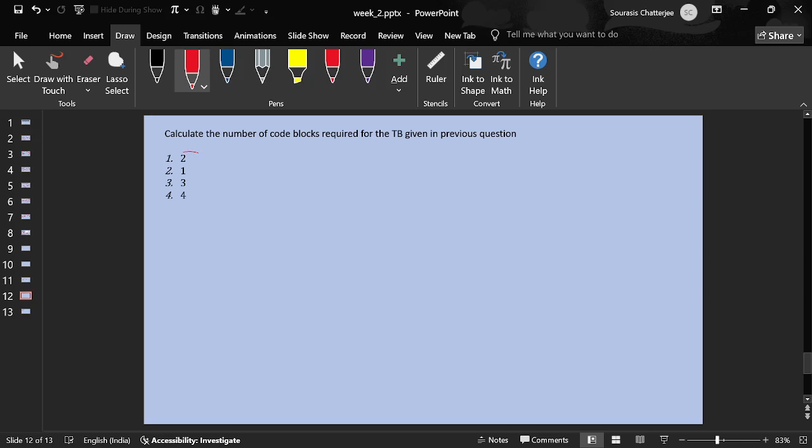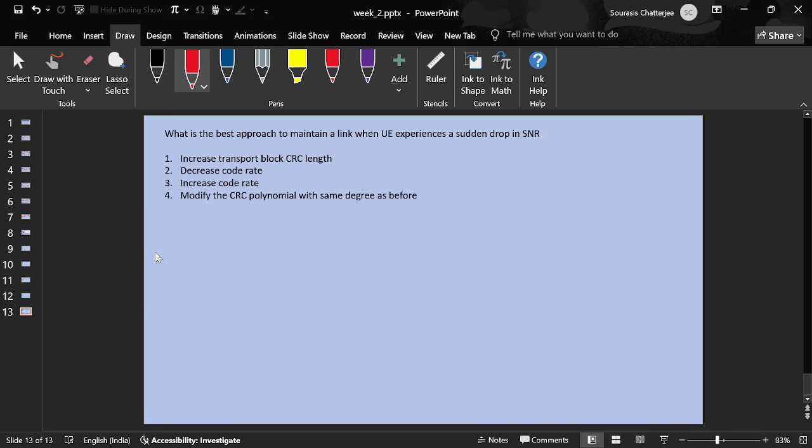The question continues in the context of the previous one. It's trivial. To answer this question, what is the best approach to maintain a link when the user experiences a sudden drop in SNR? It's not really related to the content of week 2.